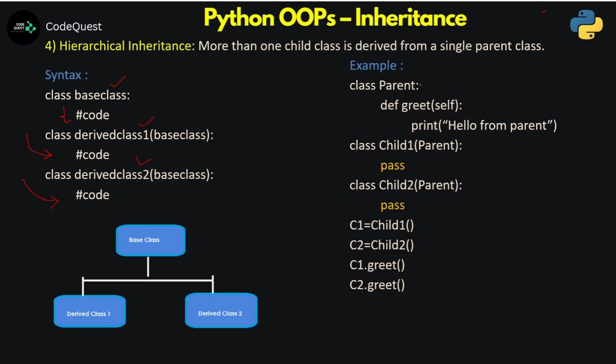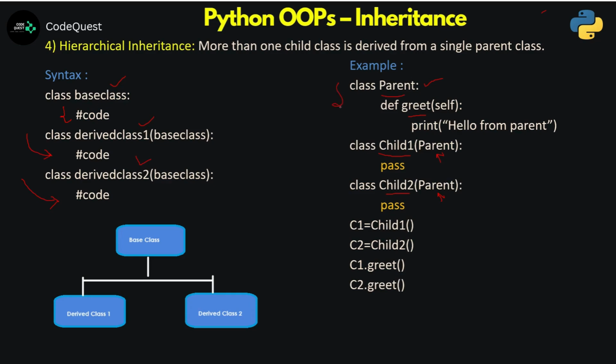Now, let's say we took an example like class Parent having a method, let's say greet, and here I'm defining Child1 and the corresponding base class is Parent. Similarly, we are defining one more child class, say Child2. Its base class is also the same Parent.